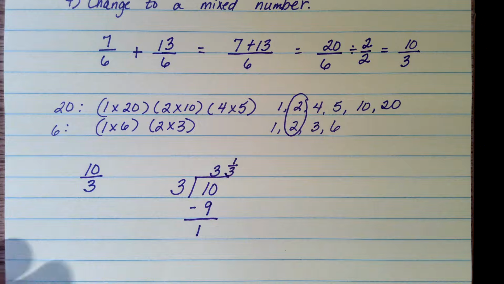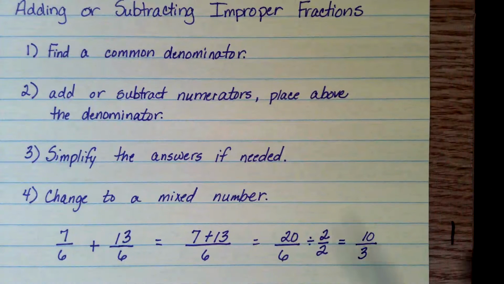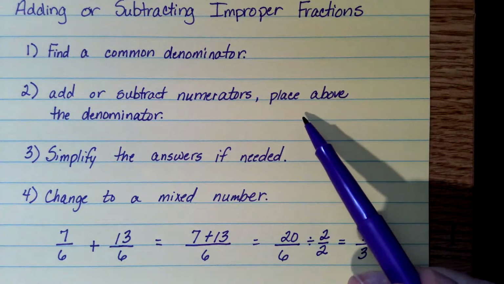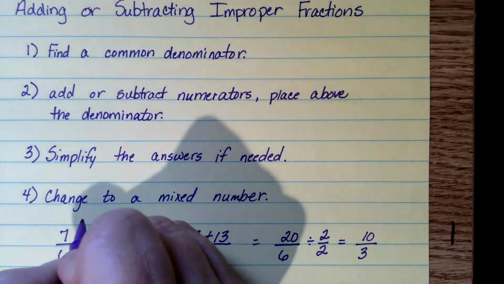So again, this adds more steps to what we're already doing. However, you should know the steps because we've kind of walked through them. First, we find a common denominator. Then we add or subtract the numerators. Once we add or subtract the numerators, we simplify as needed. So this was step 1.